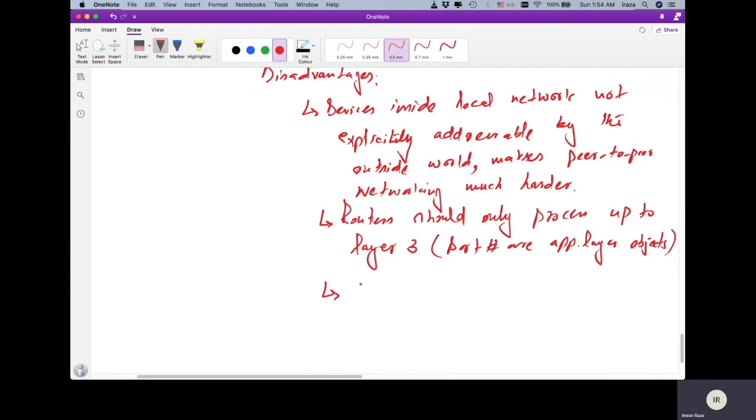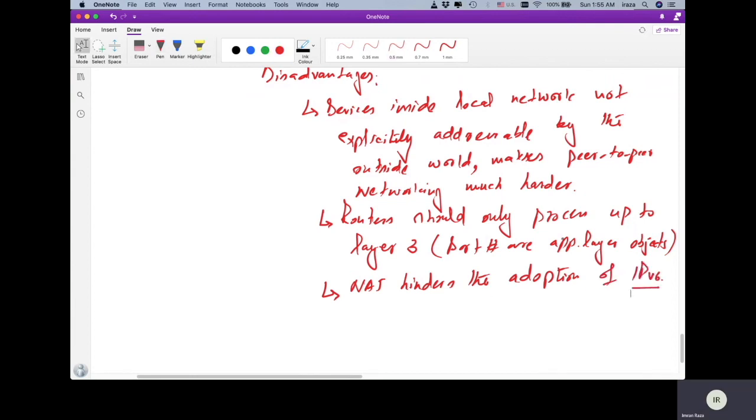And the third thing is, why do we have to deal with the address shortage with this NAT? Well, instead, NAT hinders the adoption of IP version 6.